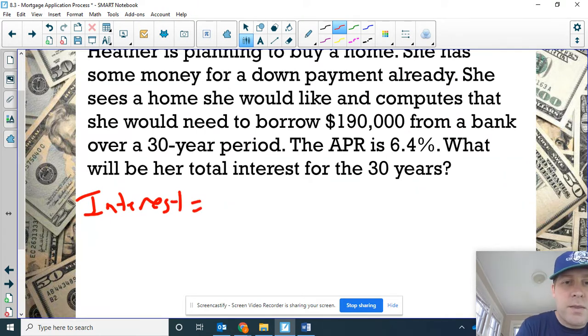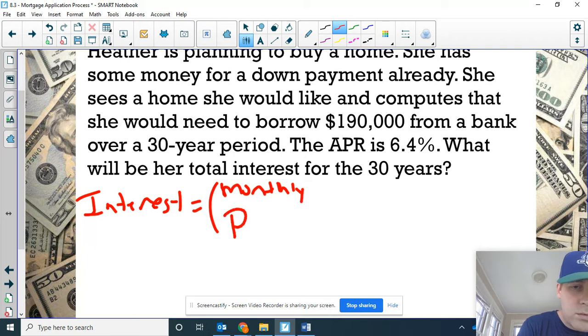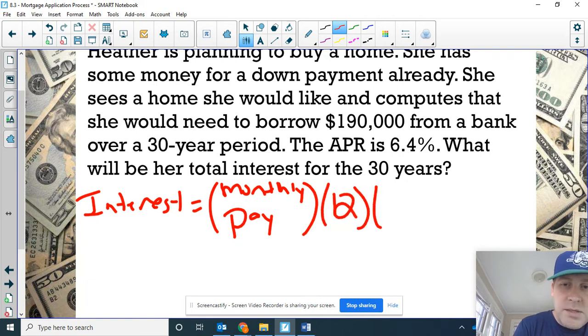It's first our monthly payment, times the number of payments, which would be times 12 times the number of years, which we know is T. And then we're going to subtract from that the original loan amount.